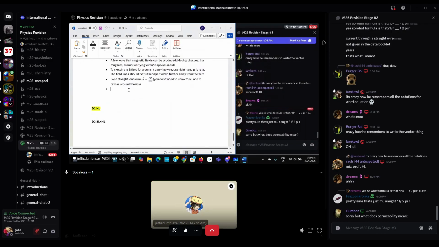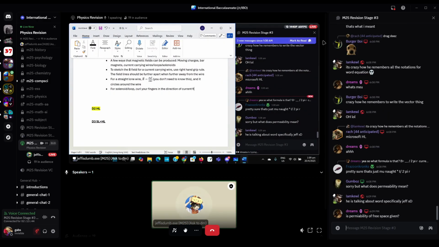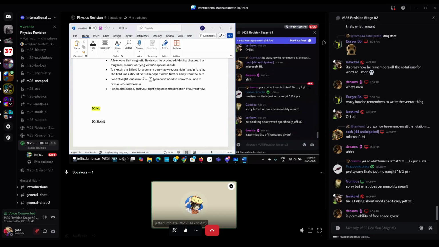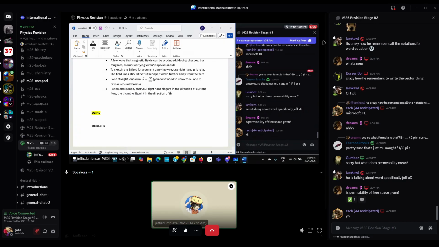So that's that. And for a solenoid or loop, curl your fingers around in the direction of current flow. The thumb will point in the direction of the B field.